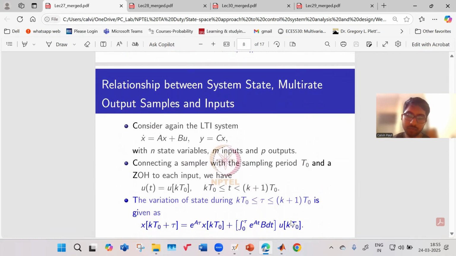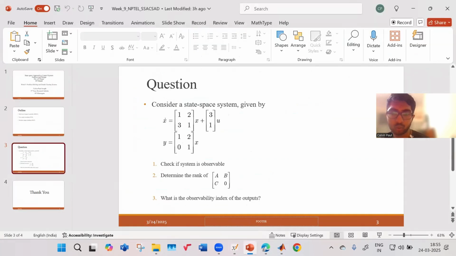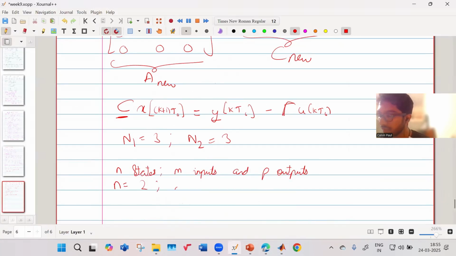So in the system, n states, m inputs, and p outputs are there. Now in our case, we have n equal to 2, m is 1, and p is equal to 4.